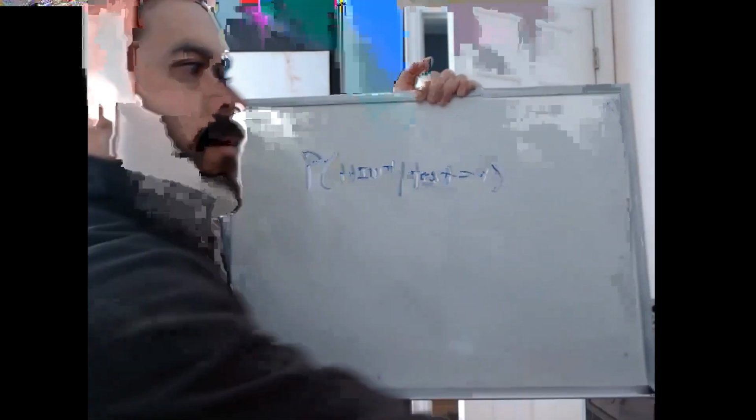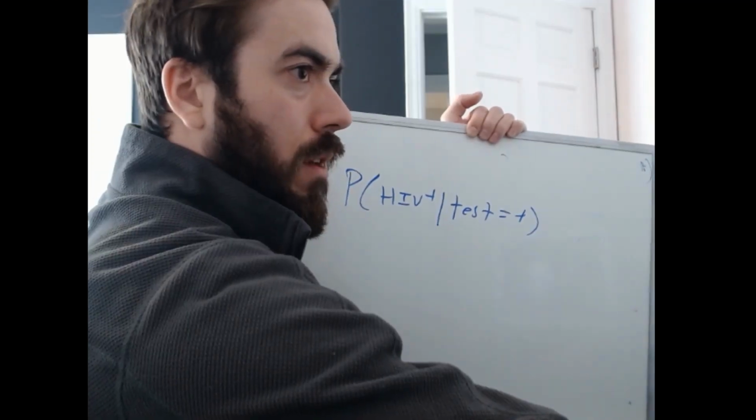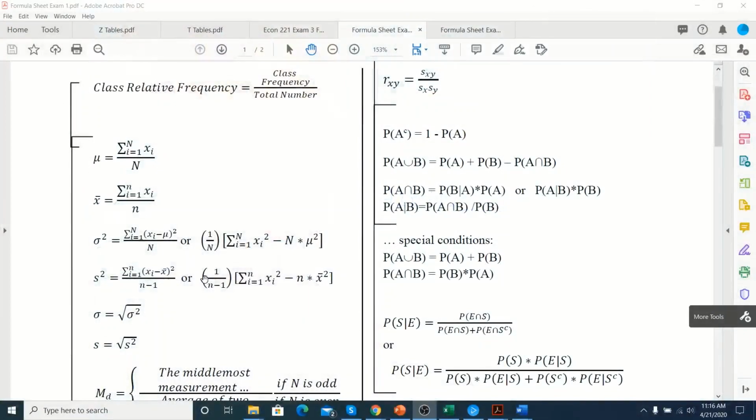Well, if we go to our formula sheet for the first exam, we try to say, okay, I've got a conditional. I can write it out this way. Right? So it's just the intersection of the two divided by what I'm conditioning on.